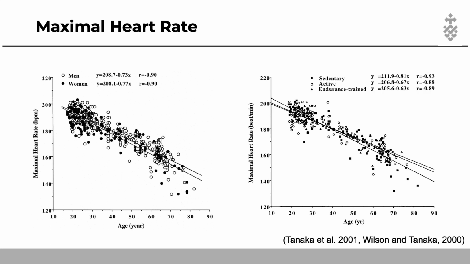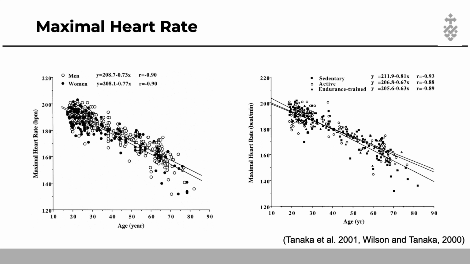Now, this next graph plots the relationship between maximal heart rate, age, and training status. So the researchers looked at 3 groups: sedentary, active, and endurance trained. And what they found was that there's no significant difference in the decline in maximal heart rate. If we looked specifically at, let's take a group of 60-year-olds from this data set, they actually saw that the average maximal heart rate for the sedentary group was 178 beats per minute.